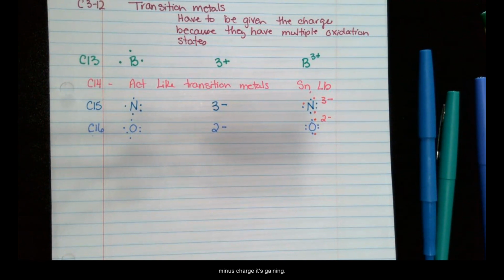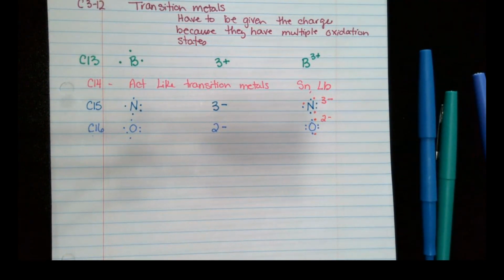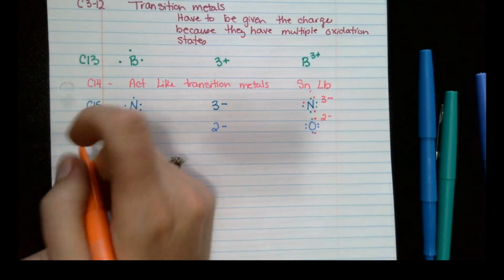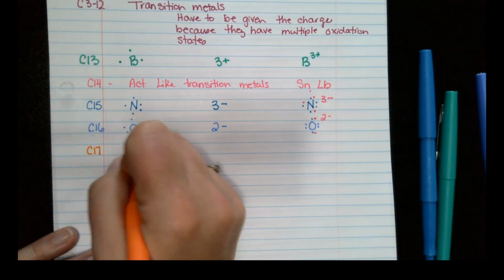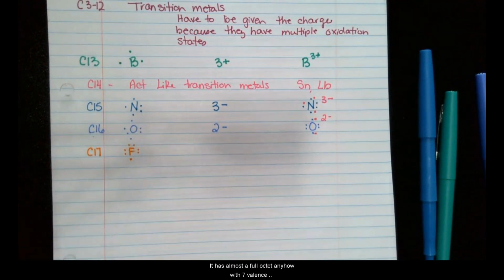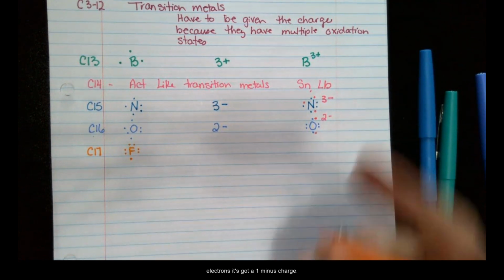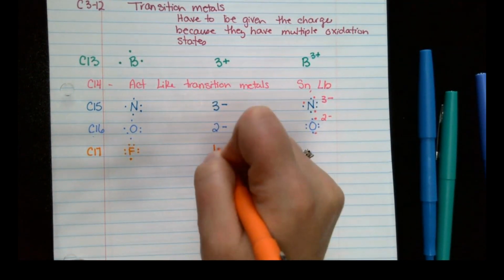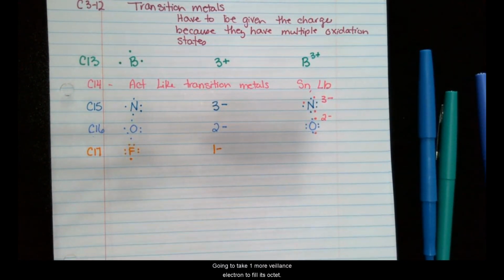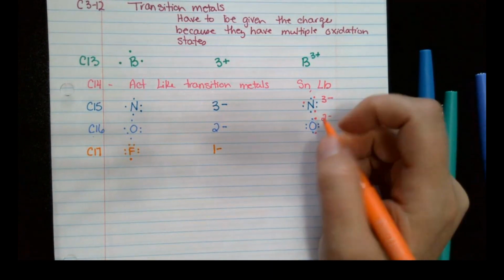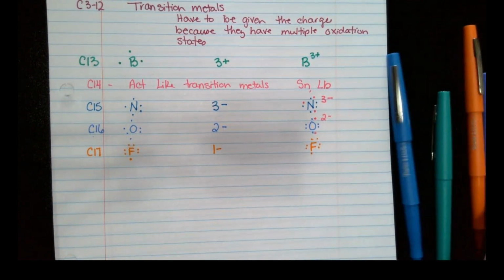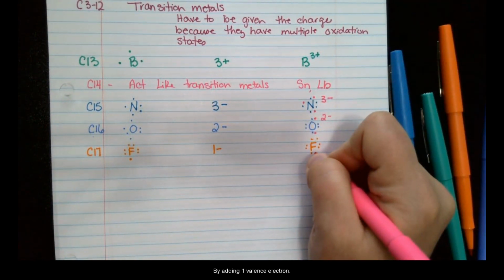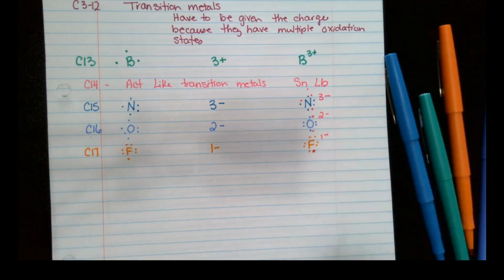It's gaining 2 electrons. And then finally, for column 17, like your fluorine, it has almost a full octet anyhow with 7 valence electrons. It's got a 1 minus charge, meaning it's going to take 1 more valence electron to fill its octet. And so you're going to show that in the Lewis dot by adding 1 valence electron and then adding a 1 minus charge.